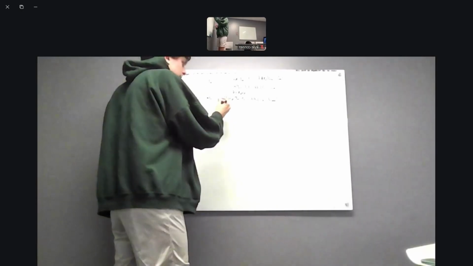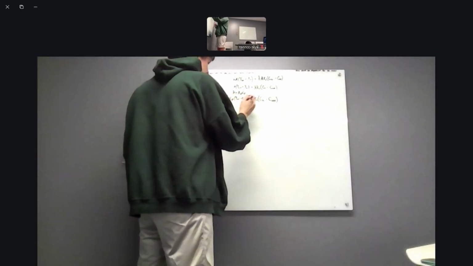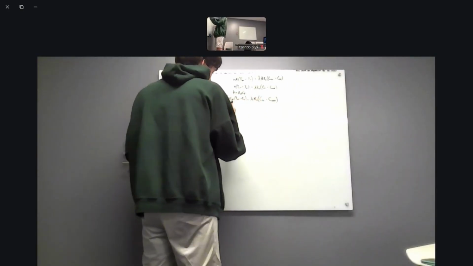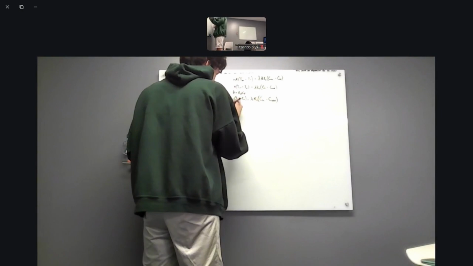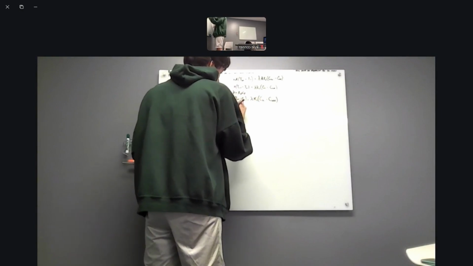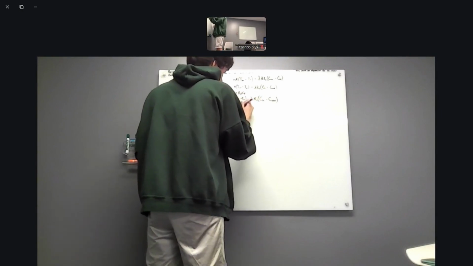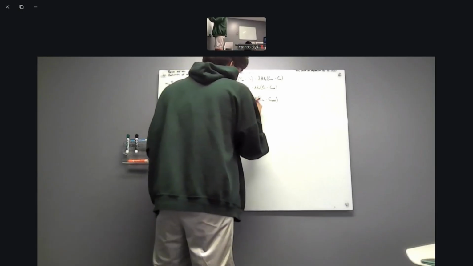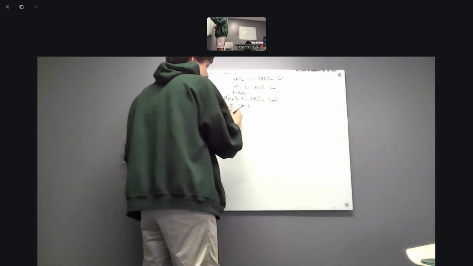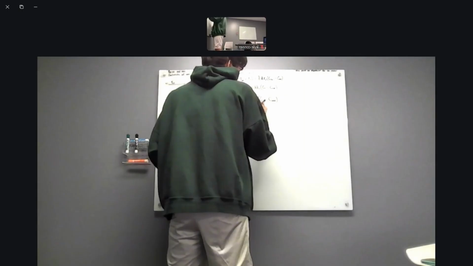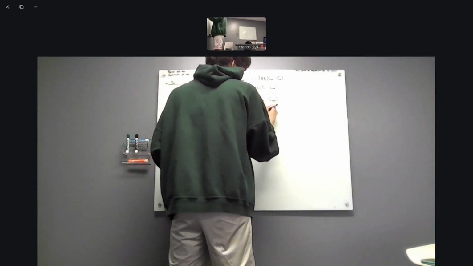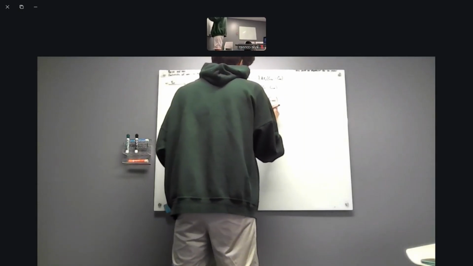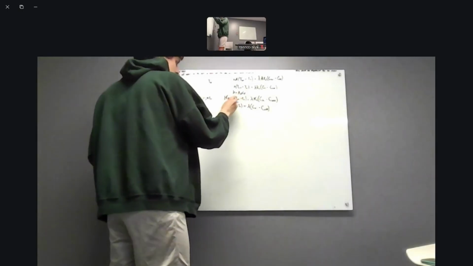So just initially, our k's will cancel out. So we get our density times our heat capacity times our temperature of air minus temperature of water, and that's equal to our enthalpy of vaporization times our concentration of water at the interface minus concentration of water at infinity. So there is our first expression.